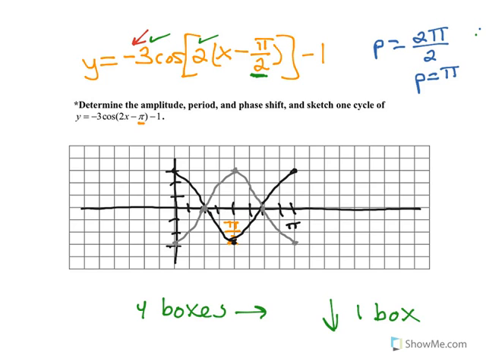So let's go ahead and shift our points. We're going to go 4 boxes to the right and down 1.